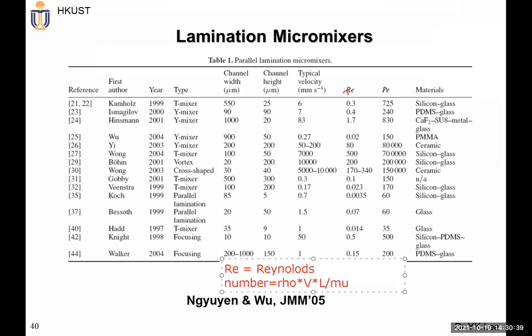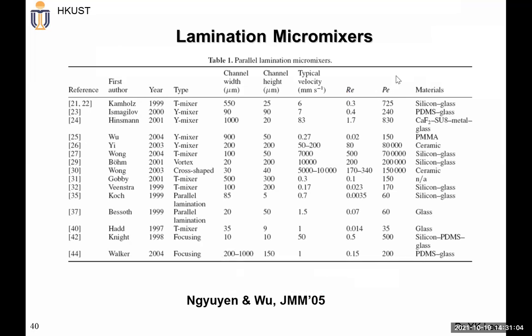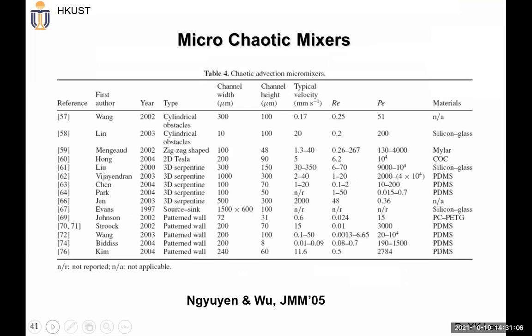So it is the ratio of the inertial force to the viscous force. The Prandtl number is related to what? The Peclet number is related to the diffusion and convection processes. So as engineers, we do need to understand these issues, right?